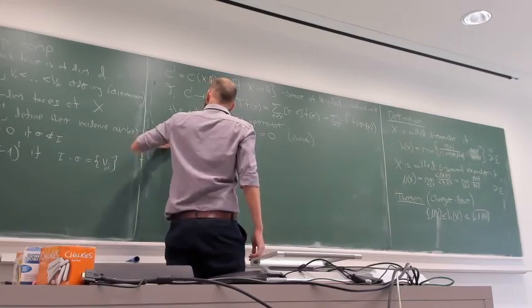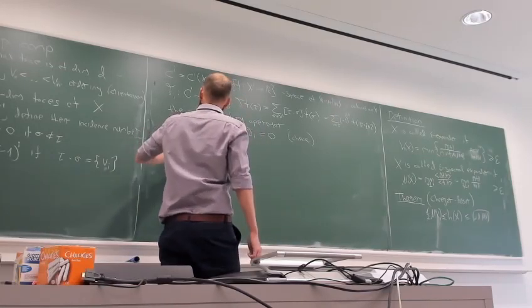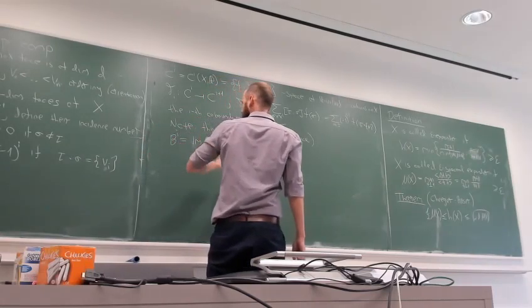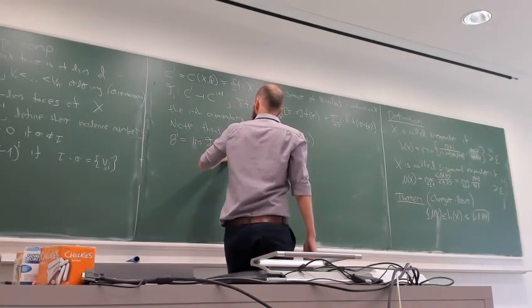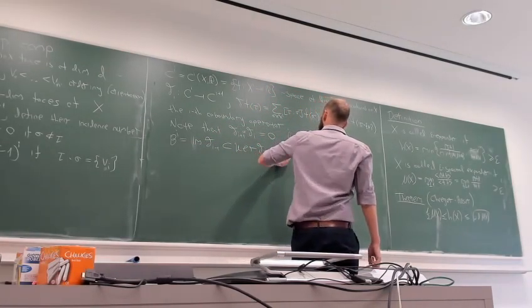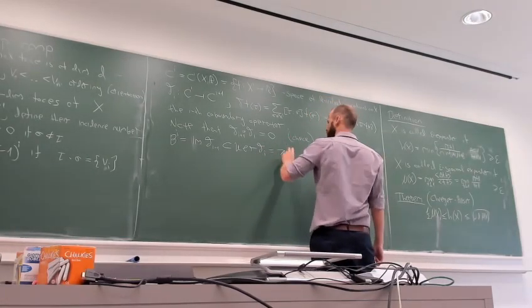And once we have this, we can define the spaces of coboundaries and cocycles.